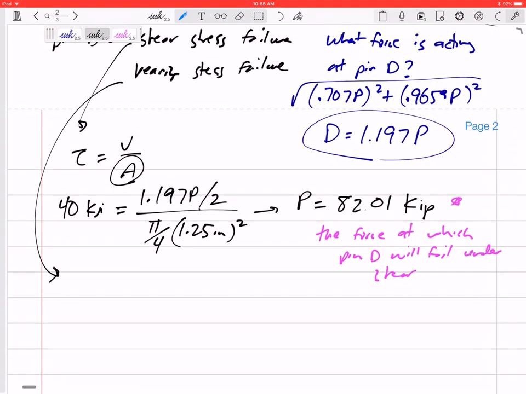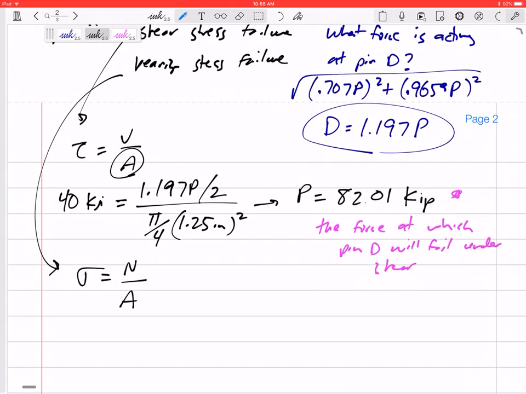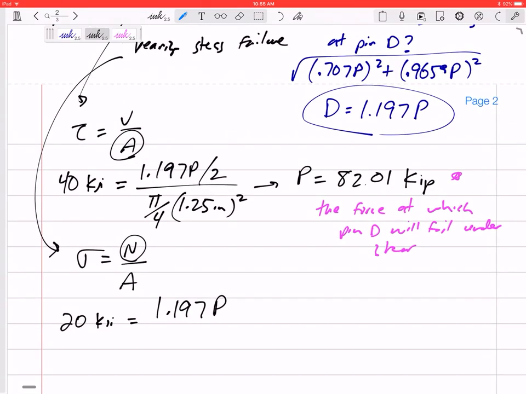Bearing stress failure is really a normal stress failure. And I was told, let's not let it get above 20 ksi. The force acting is this same 1.197 P, and it is not divided by 2. It doesn't matter whether we're in single shear or double shear. Let me look at a side view here.